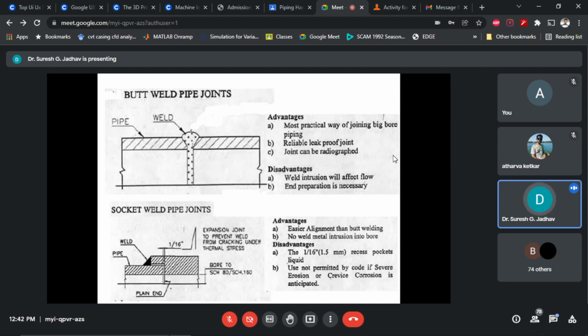And then what are the disadvantages of butt weld pipe joints? Weld intrusion will affect the flow. While welding, if there is an intrusion of weld, it will affect the flow. And next, end preparation is necessary.